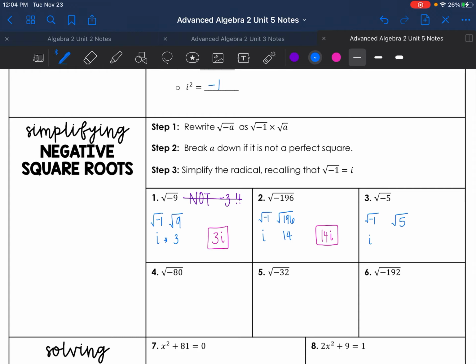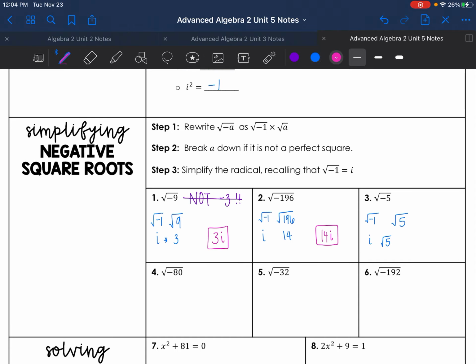And square root of 5? Well, 5 is not a perfect square, and if I think about all the perfect squares, there's actually nothing that goes into 5. So square root of 5 cannot be broken down anymore.